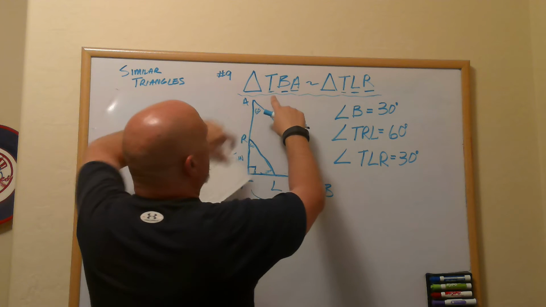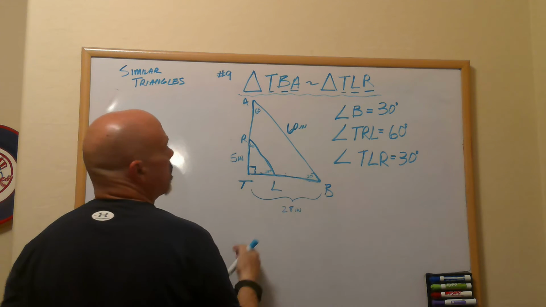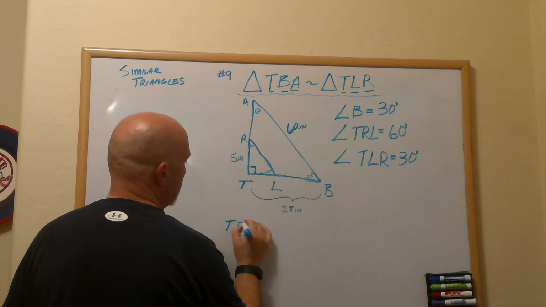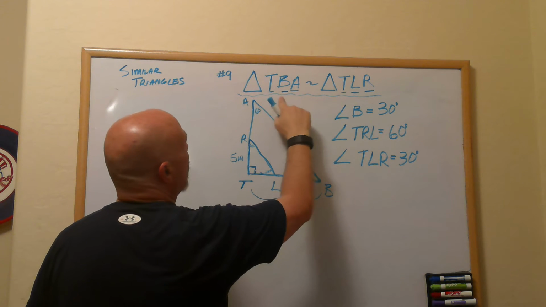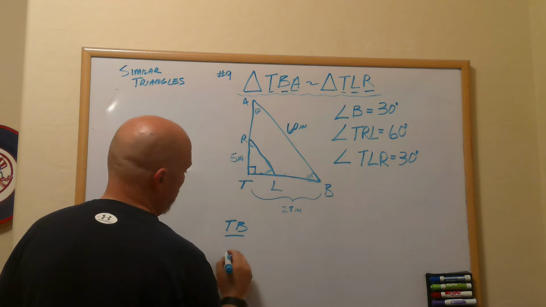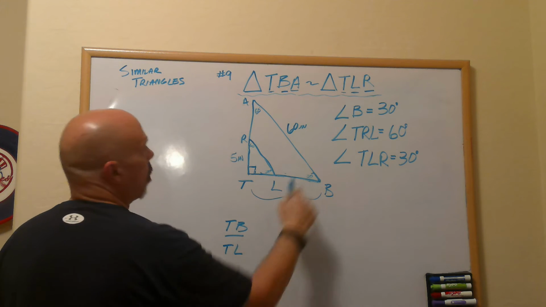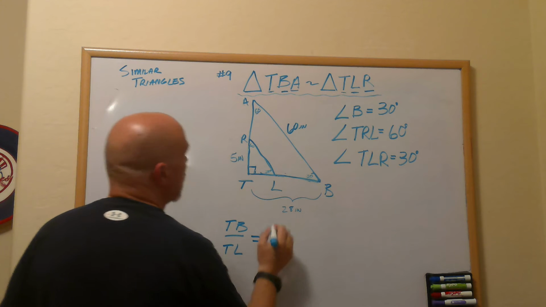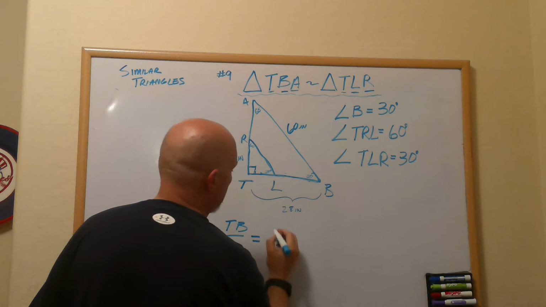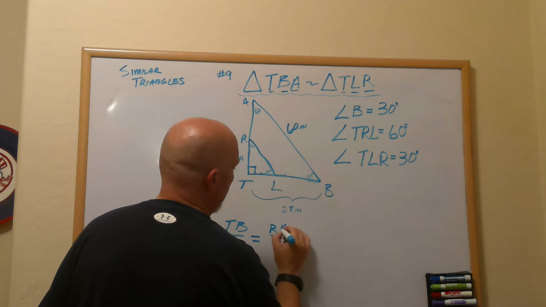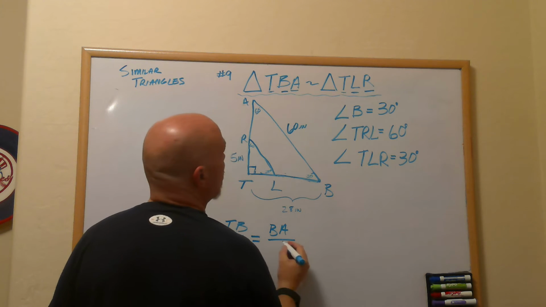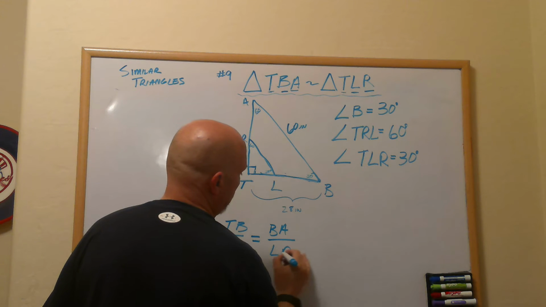In other words, I'm going to take each of my line segments created by these triangles. I'm going to take TB from my first triangle and put it over TL, the corresponding side in the second triangle, and I can make that equal to the next line segment in my triangle, which is BA, and the corresponding line segment of the second triangle would then be LR.